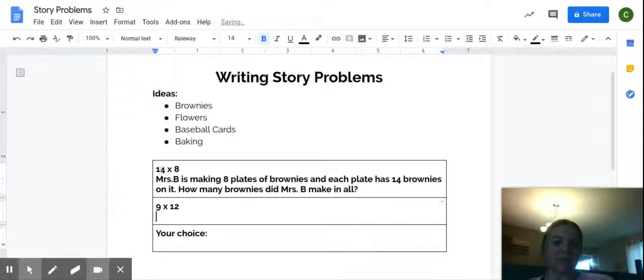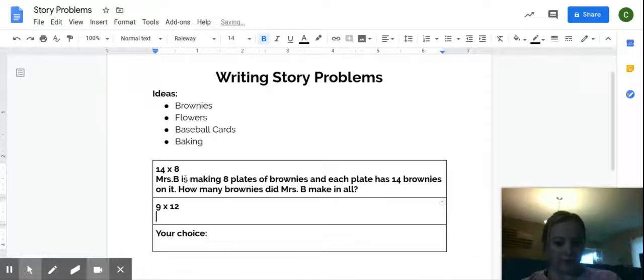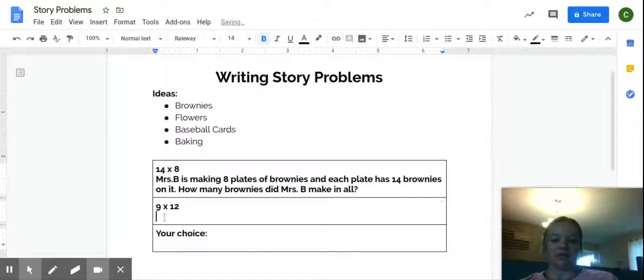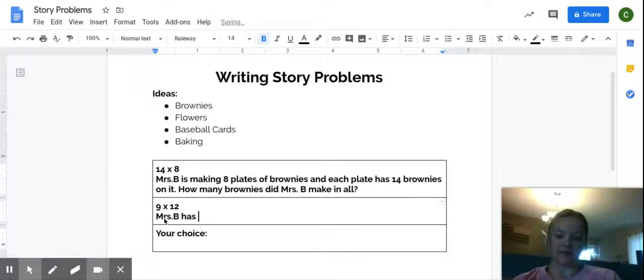So I have some ideas here that I can use, or I can use something different. But I think I'm going to write about flowers. So I'm going to say Mrs. B has 9 rows of flowers. Each row has 12.